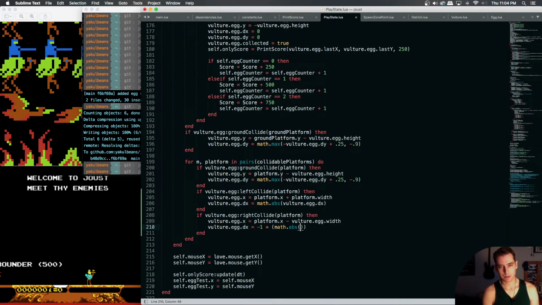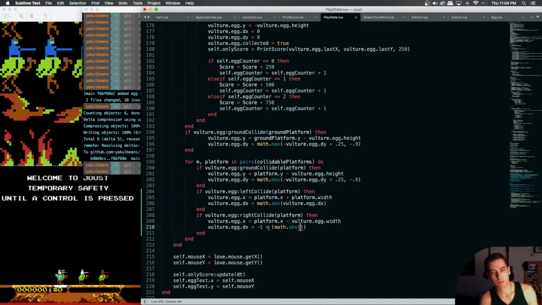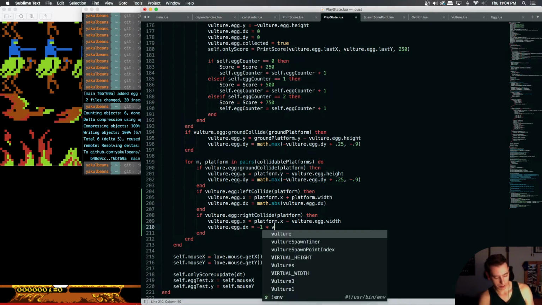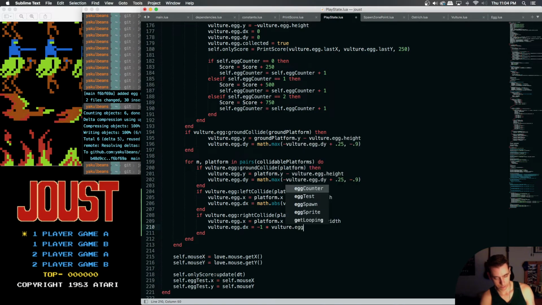I guess we don't need the absolute value, because if it's a right collide, we can assume our dx is going to be positive. So we're just multiplying our positive dx by a negative instead. So we're going to take our vulture egg's current dx, multiply it by -1, and assign that to our dx.